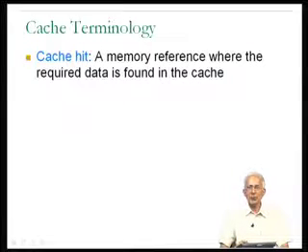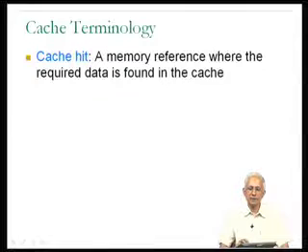Now the first and most important concept in terms of successful operation of a cache is the idea of a cache hit, and you'll recall that this is what I described as case 1 from the example that we just went through. So a cache hit is the situation where the processor sends an address to the cache and it is determined that the required data is present in the cache.